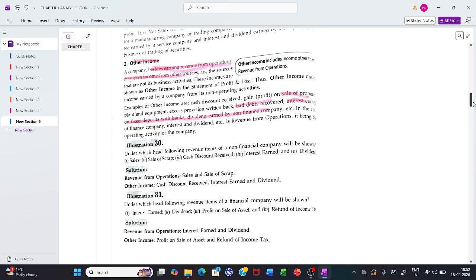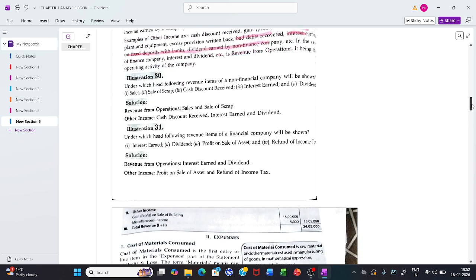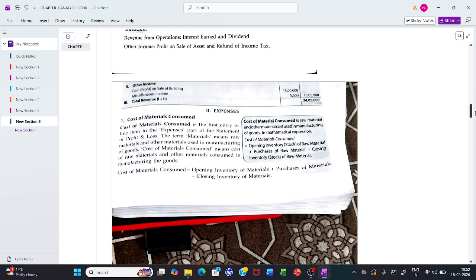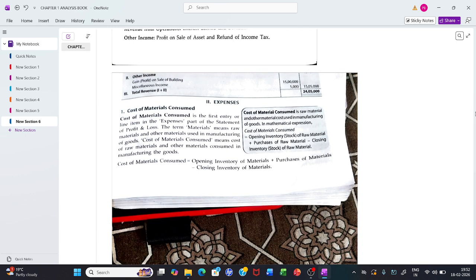Then some examples are given. You had to classify them. Revenue from operations will have sales and sale of scrap, whereas cash discount, interest and dividend received would all be your other income. So in head and subhead, this can also be asked. It's not restricted to the balance sheet. Then we come to expenses. Under expenses, we can have cost of material consumed.